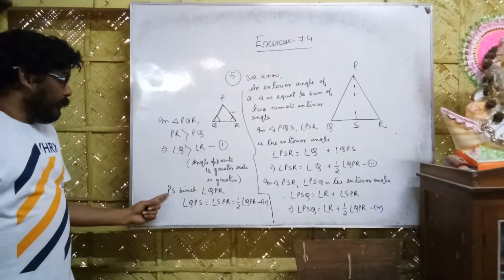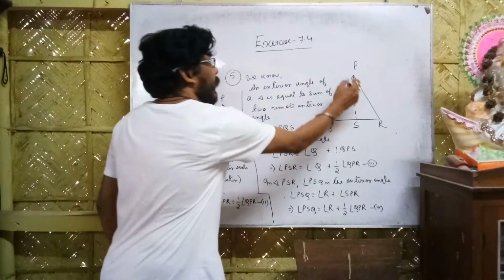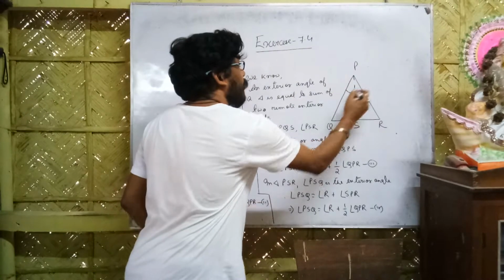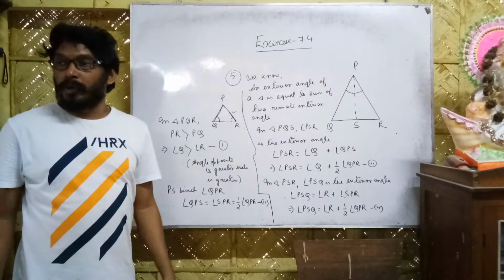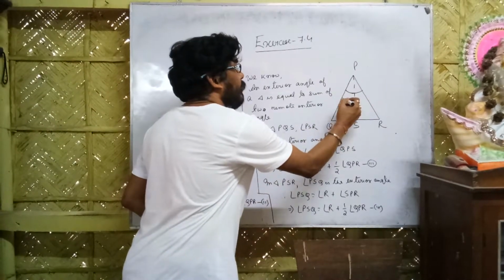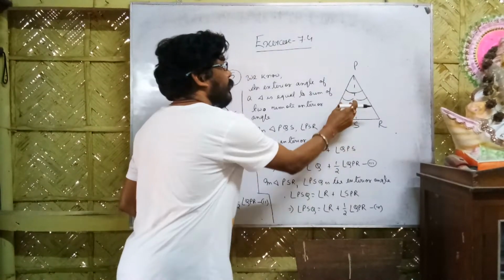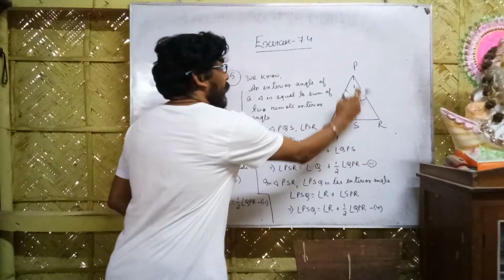Second given part, what was it? PS bisects angle QPR. Bisect means dividing the angle into two equal parts. So when PS bisects QPR, what can you write? This part is equal to this part. This angle's name is QPS, and this is SPR.